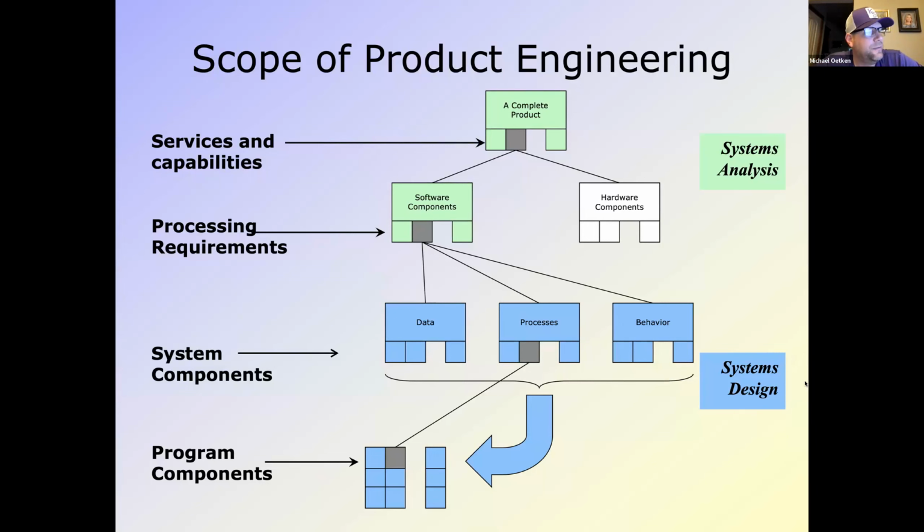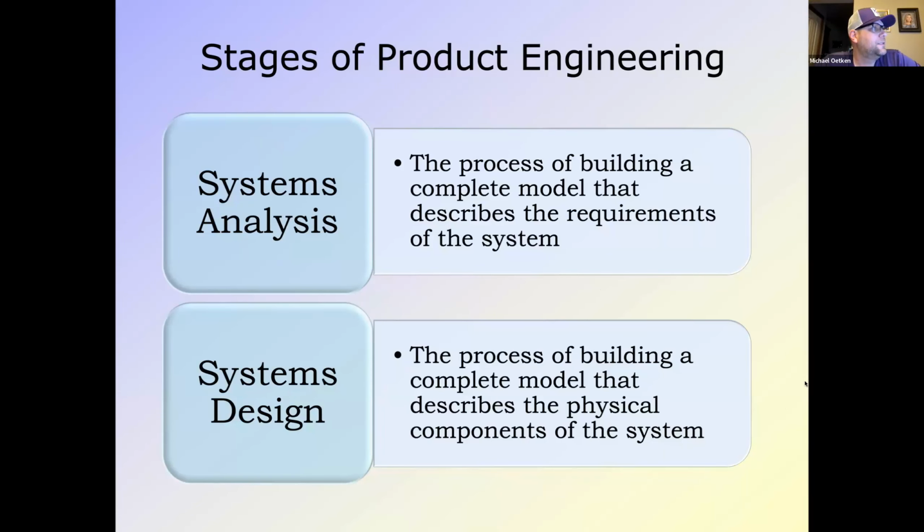So everything has its place and it's all important if you're looking at the larger scheme of the product. The stages of product engineering: there's the system analysis, the process of building a complete model. A lot of times we're going to take a lot of time planning and figuring out what all the requirements of that system are.